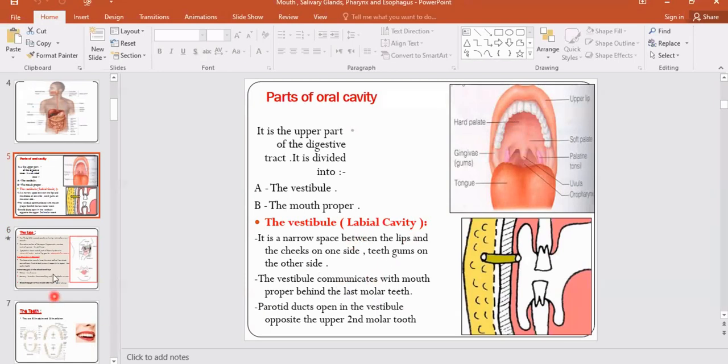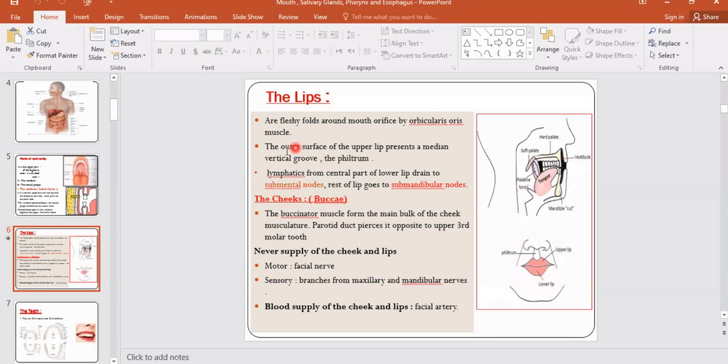Now coming to the lips, these are the fleshy folds covering the orbicularis oris muscle, and the lips present a median vertical groove in front. Can you see this? This is called the philtrum. No need to remember the details of this.